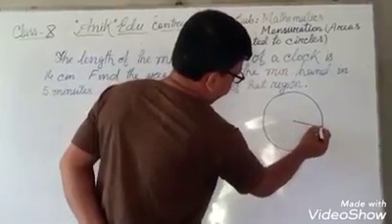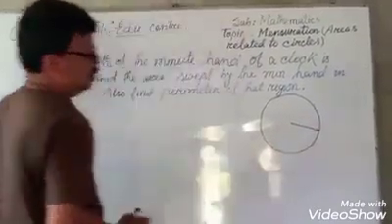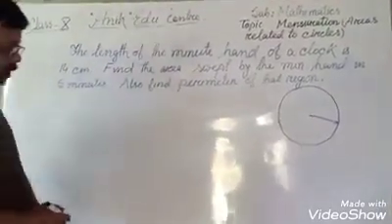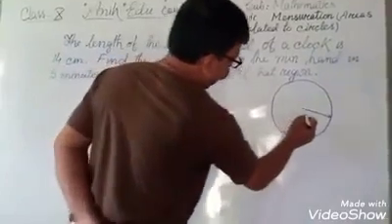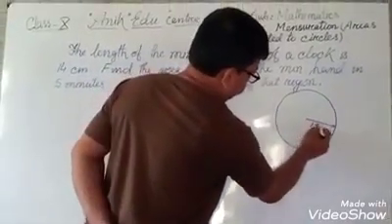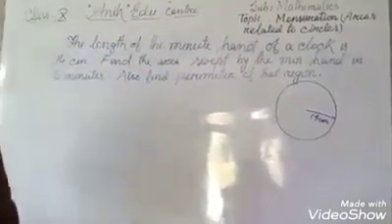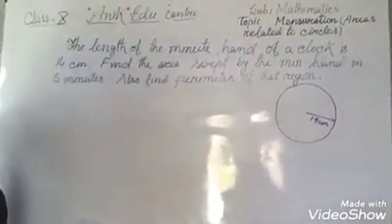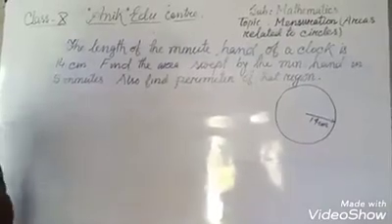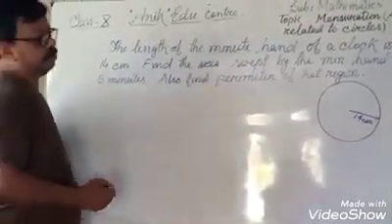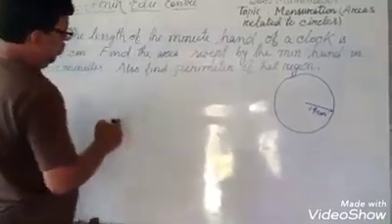A minute hand like this, and its length is 14 centimeter. Now, as the minute hand moves, it describes a circle of radius 14 centimeter.